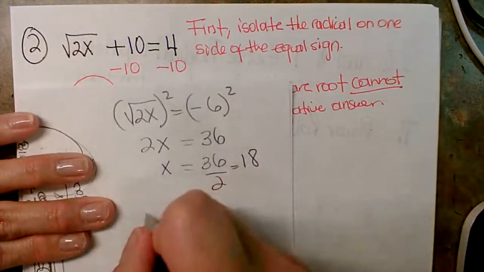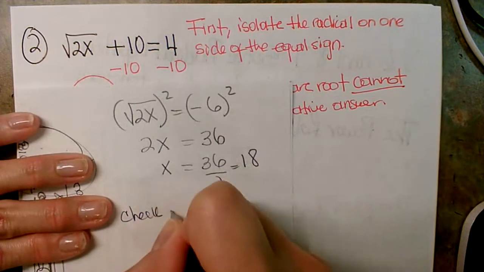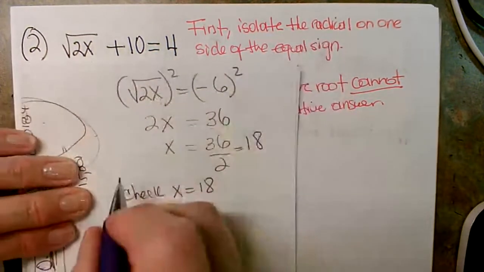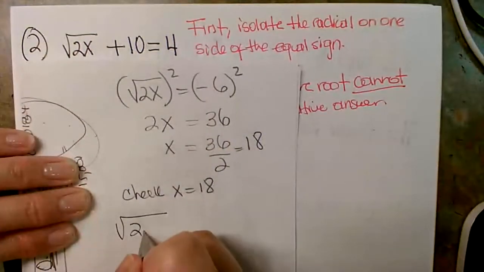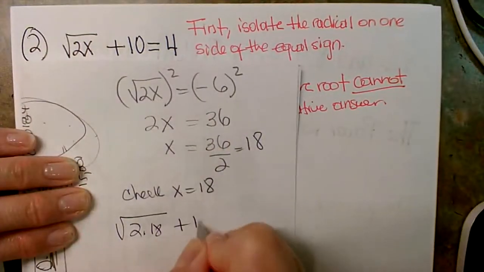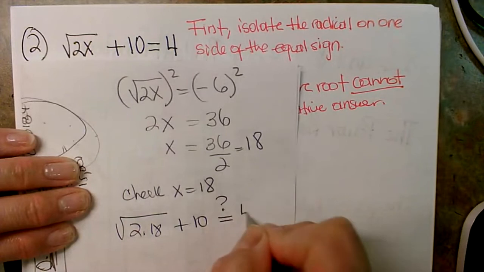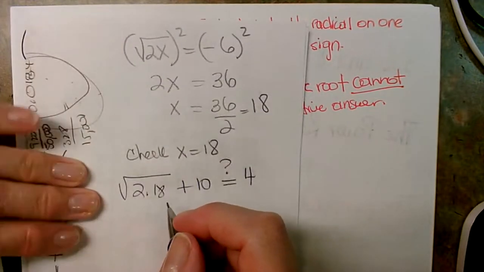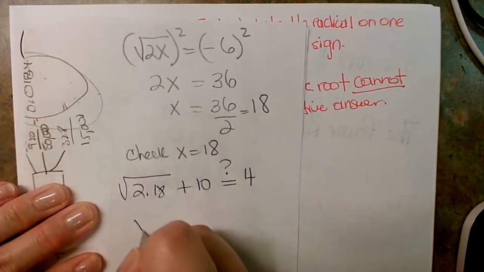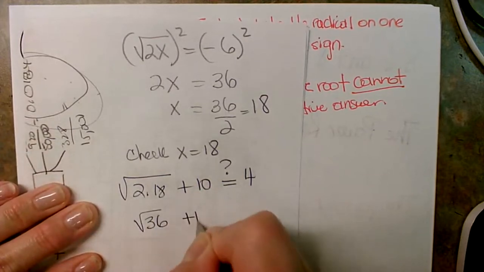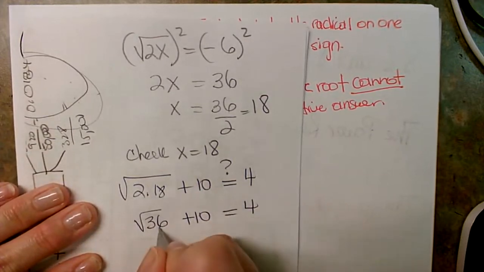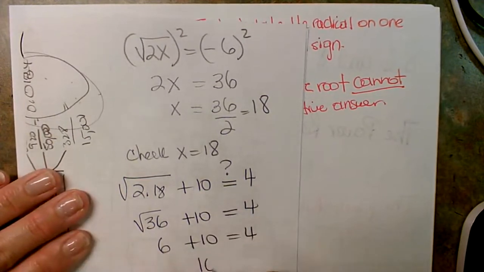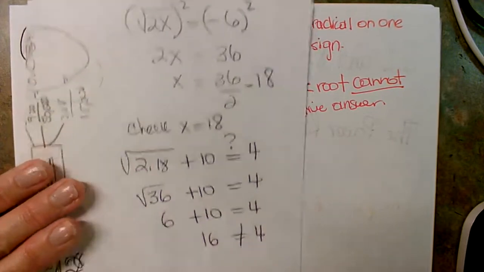And when we go to check this, 18. So let's go up here. That will be the square root of 2 times 18 plus 10. We're going to check and see if it's equal to 4. So what do we have? 2 times 18 is 36. The square root of 36 is 6, plus 10 is 16. 16 is not equal to 4.